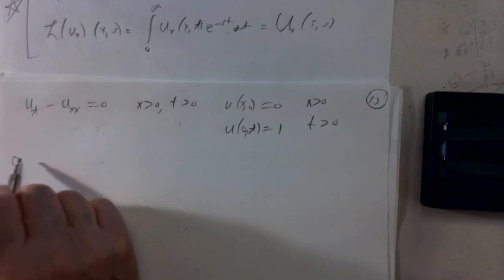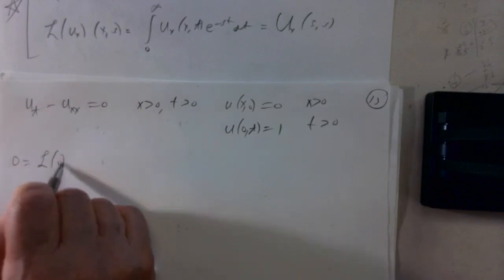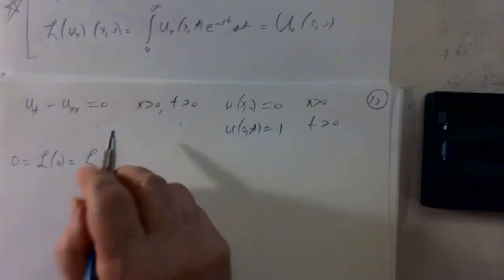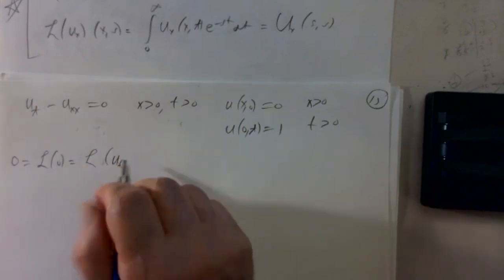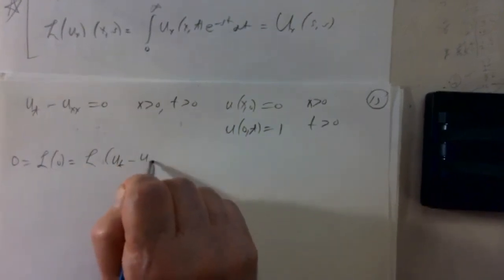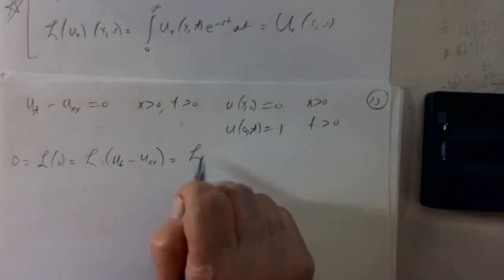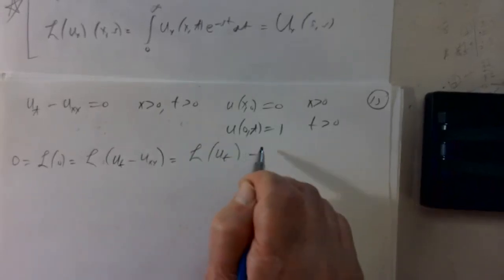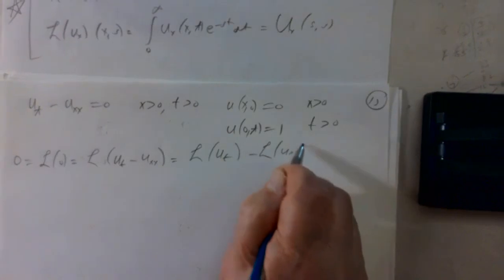So what we get is 0, the Laplace transform of 0, is the Laplace transform of u sub t minus u sub xx. That's the Laplace transform of u t minus the Laplace transform of u xx.